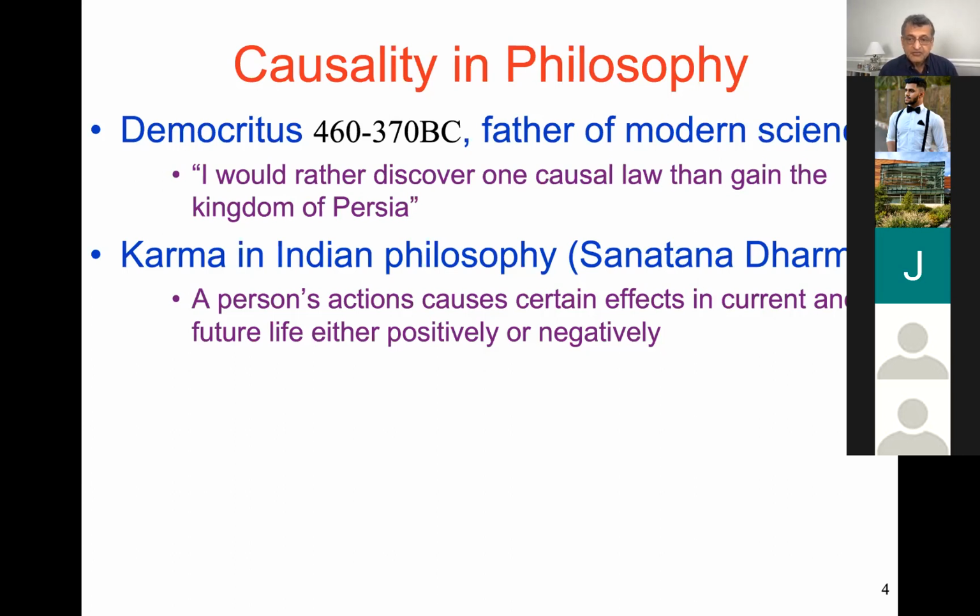Karma in Indian philosophy, or Sanatana Dharma: a person's actions cause certain effects in current and future life, either positively or negatively. So that involves a slightly non-scientific assumption about people having future lives. But the karma philosophy says that your actions cause effects not only in your current life, but also in future life. So anyway, causality is something that people have thought about deeply.